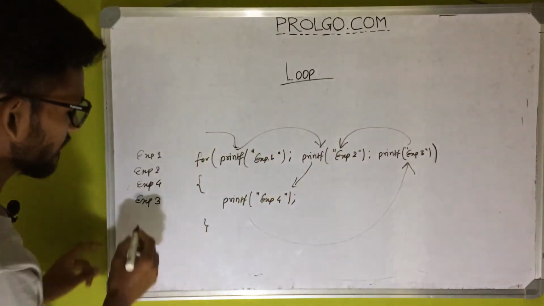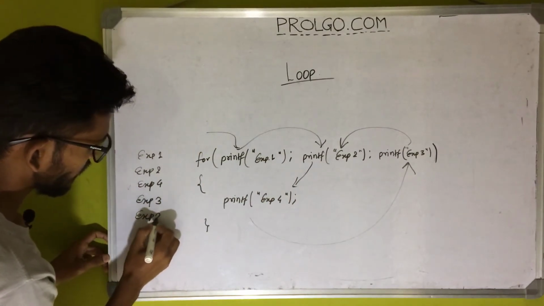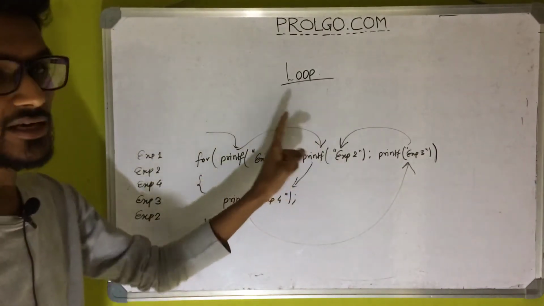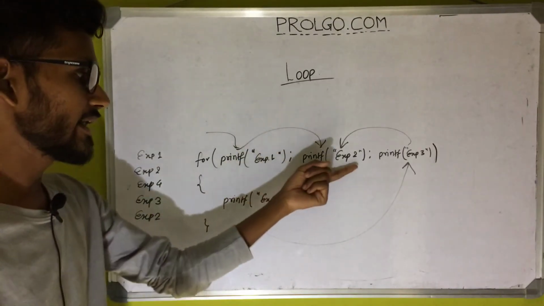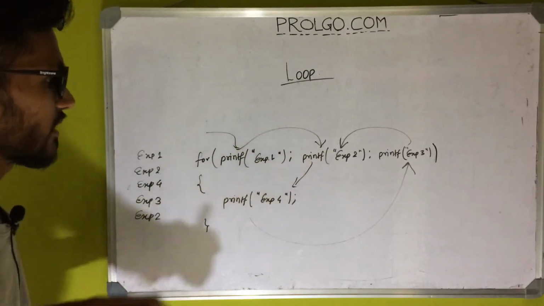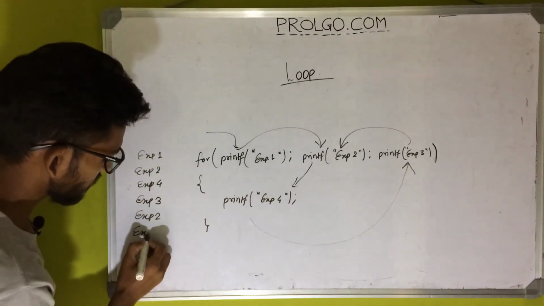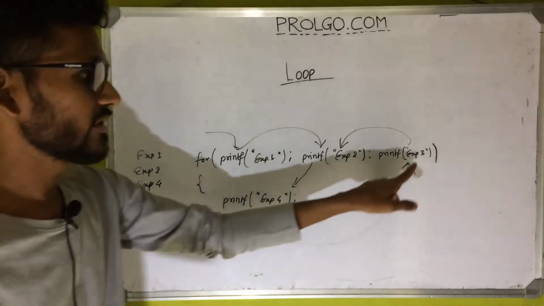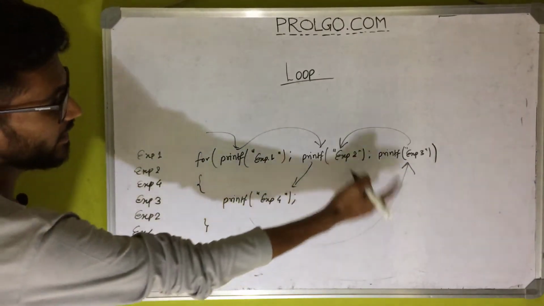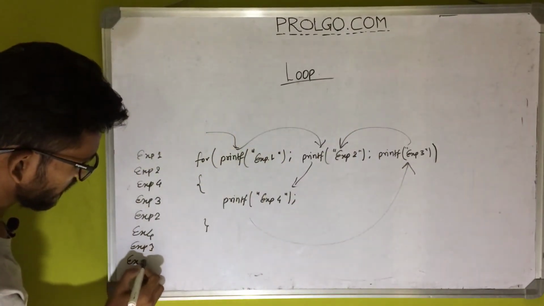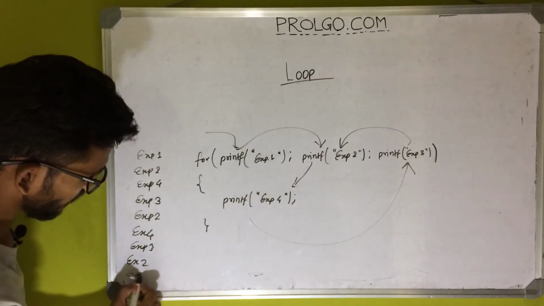It means expression 2 will be printed, and if it is true, control will come inside. As we all know, printf is always true, so again the control will come inside, expression 4, and then it will go to expression 3, then expression 2, and then expression 4.